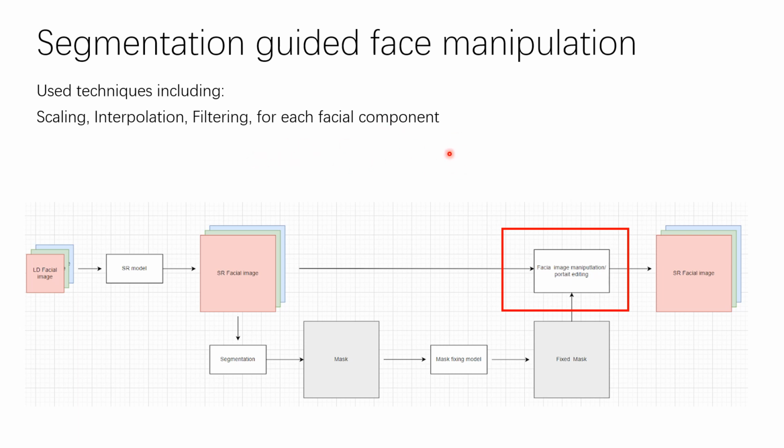And if, for example, your nose is actually thinner than in the super resolution facial images, I will scale down your nose a little bit, interpolate around the nose and then filter around the nose to make artifacts less visible. And for each facial component, including eyes, eyeballs, ears, nose, mouth, lips, I will conduct similar operations to get a final super resolution facial image, which is more correct, more accurate.